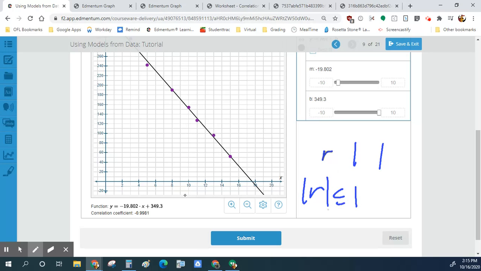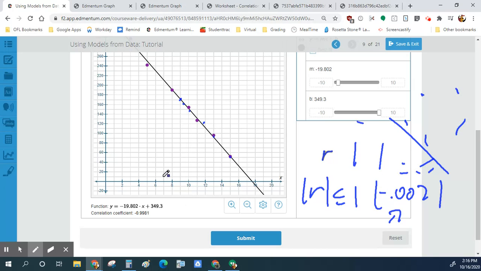If it's exactly 1, that means every single point lies exactly on the line. If it's further away from 1, let's say it's like -0.002, that means that first of all it's a negative correlation, and the dots are pretty far away from the line.